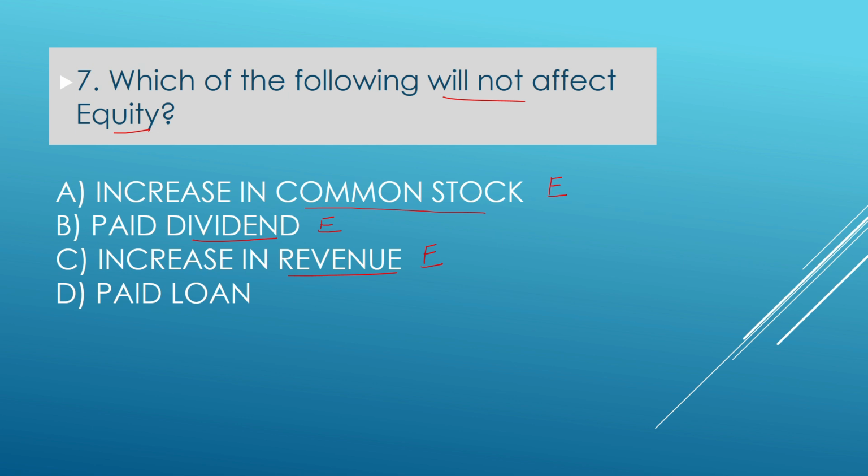But paid loan will not affect equity because loan is an item of liability. And if you are paying it in cash, it is an item of asset. So in this transaction you will have two items, but the two do not belong to equity. Therefore your correct option will be D, paid loan. This is the answer.